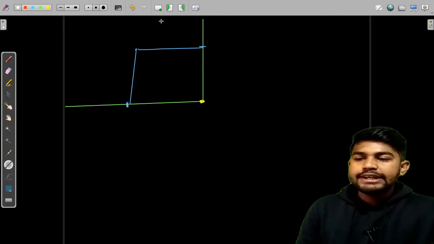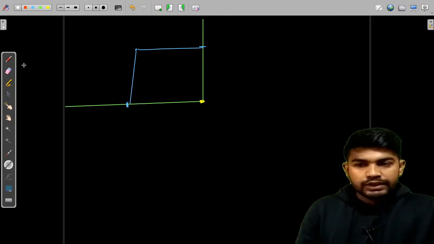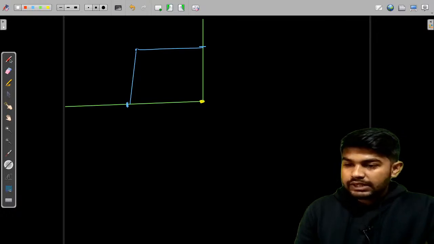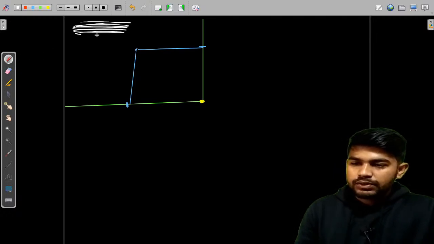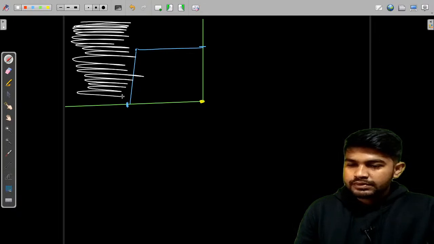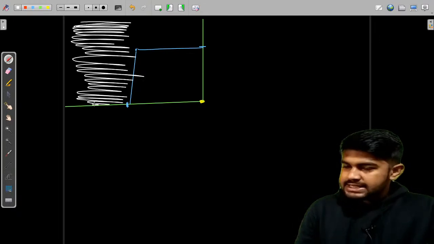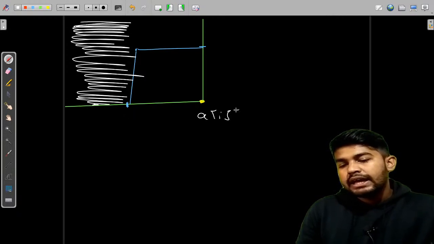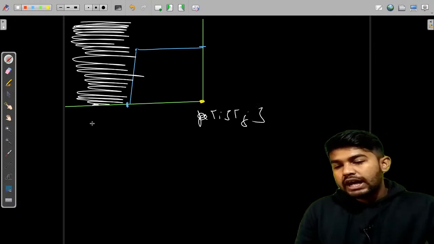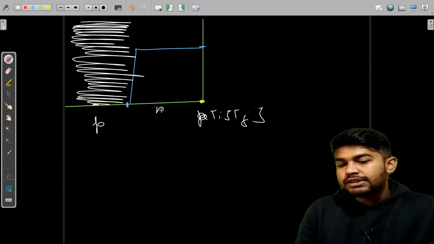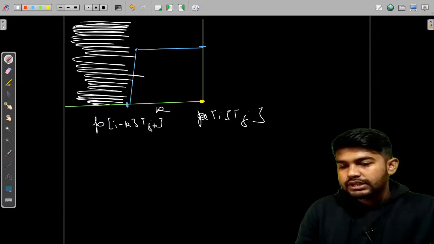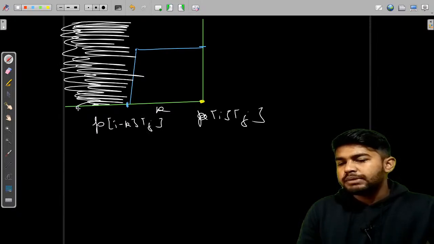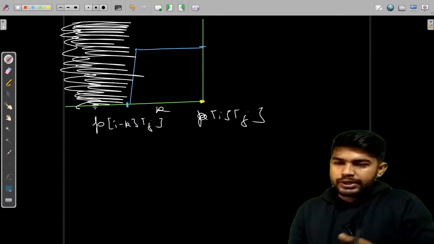Now we need to cancel out this side. So we would just cancel out this side. Suppose this is p of i, j, so this would be what? i minus k. This is of k size, so this would be p of i minus k, j. This would tell me the sum till that point.